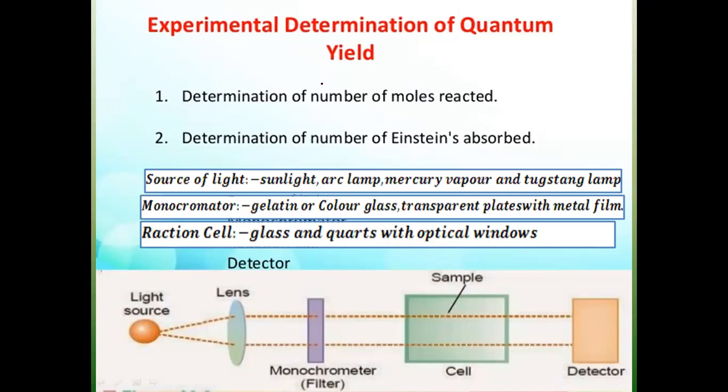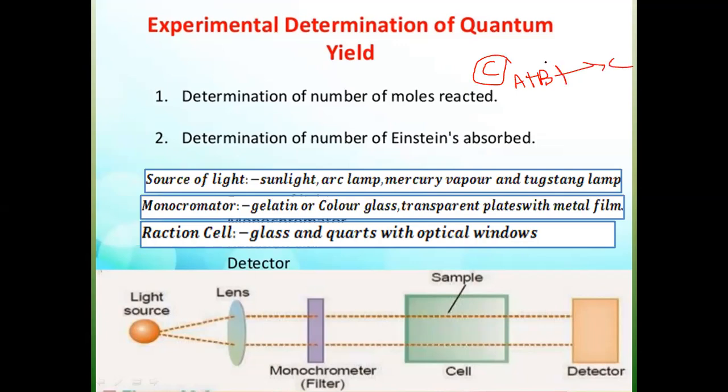With that you can find out the number of moles if you know the concentration. Concentration of reactant before the reaction and after the reaction, means before the product formation and after the product formation. म्हणजे A reacts with B, it gives C as a product.